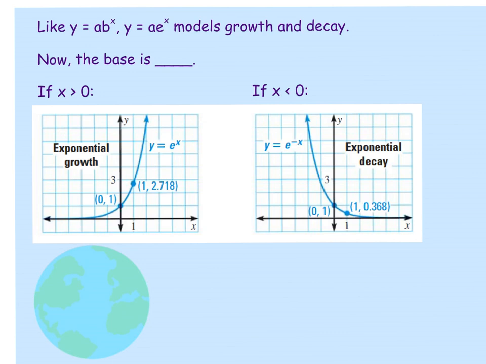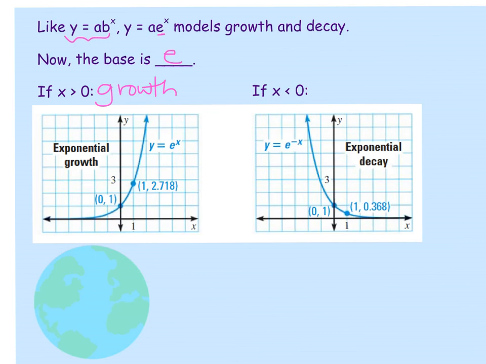The unique thing with graphing with a base of e is we'll model it very similar to growth and decay, but e always represents that 2.718 number. So technically e itself is going to be our new base, which would typically be a growth function, but we're going to look at our x value to determine if we have growth or decay. If your x, or the x exponent, is greater than 0, that means we have a growth function.